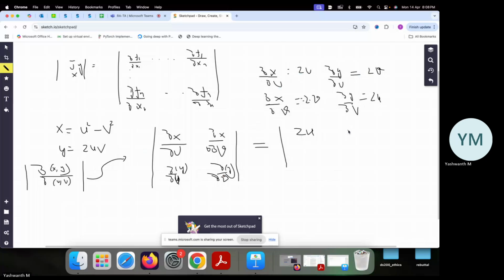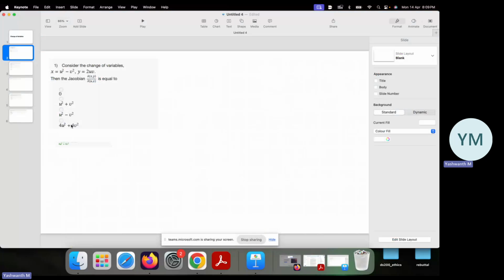The determinant is 2u times 2u minus minus 2v times 2v, which gives 4u square plus 4v square. So this is the right answer.